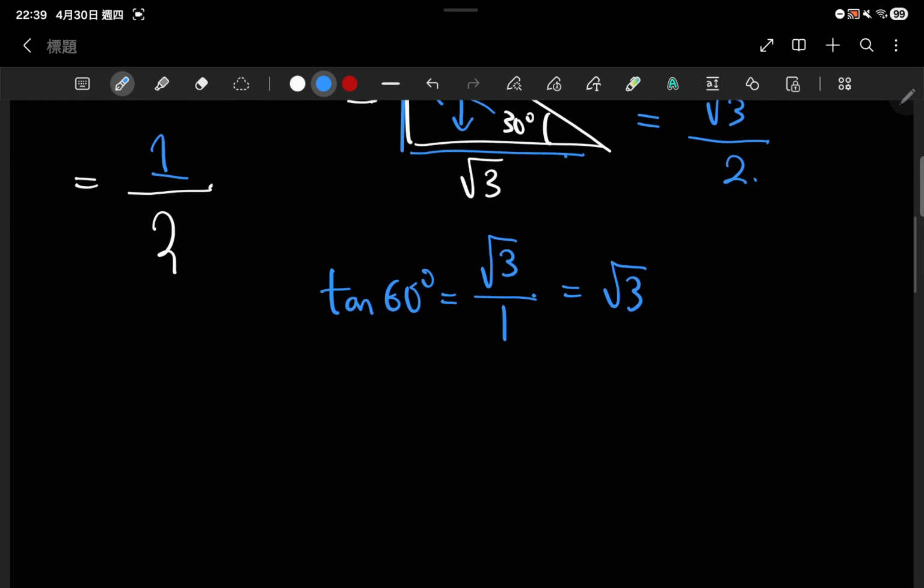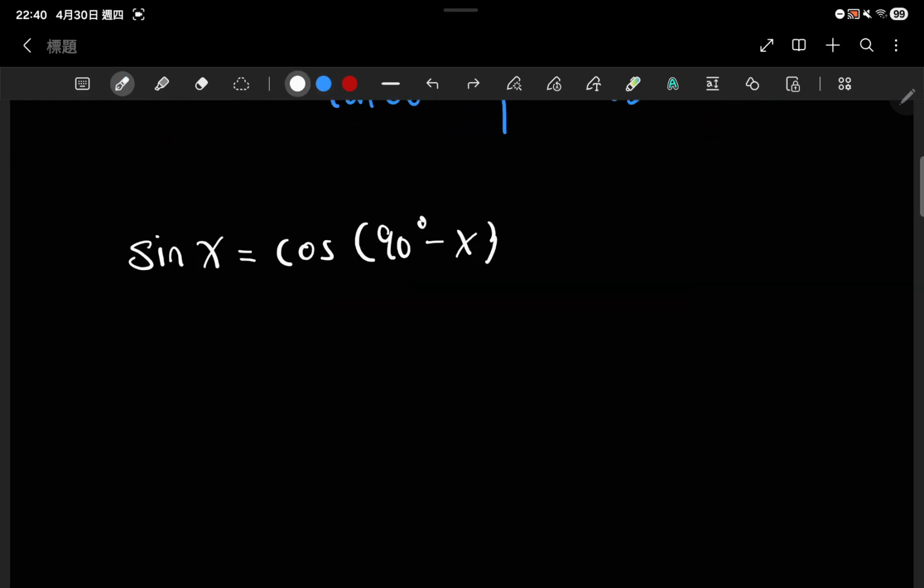Next is sine x equals cosine of 90 degree minus x. Why? First of all, we define sine x. If the angle x is here, and the hypotenuse is c, and the opposite to the x angle is a, so the adjacent is b.